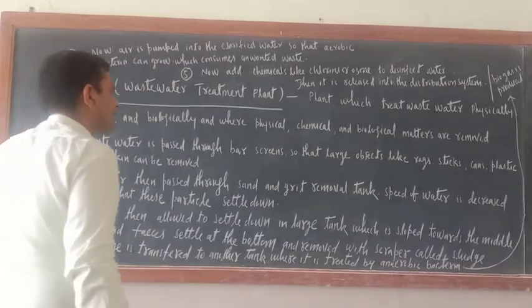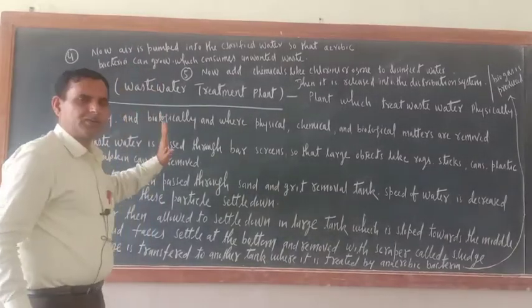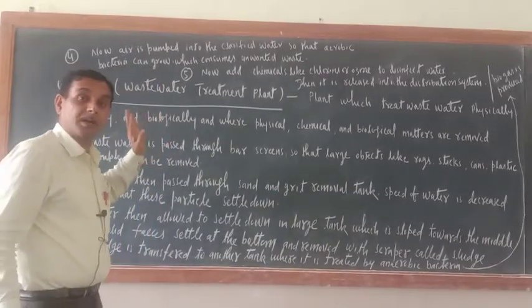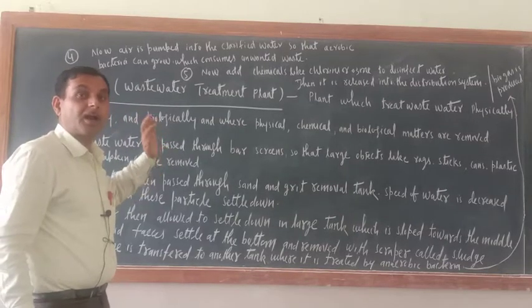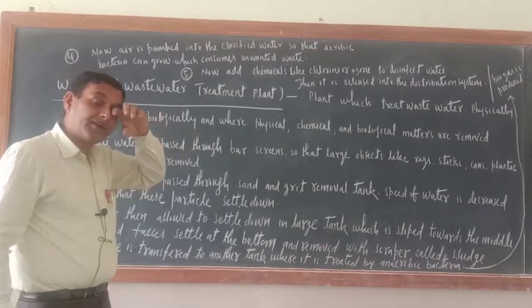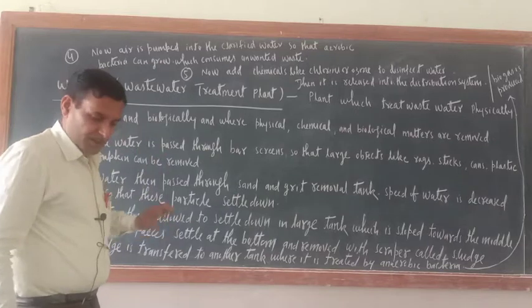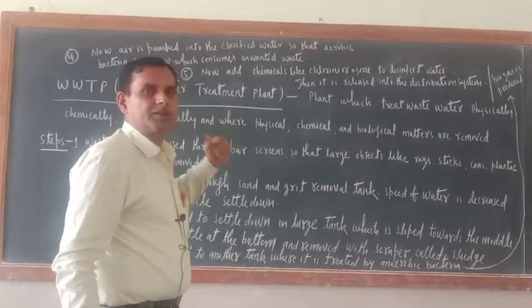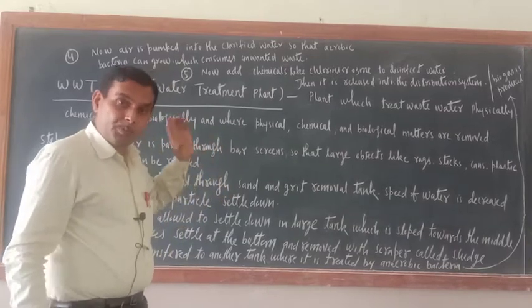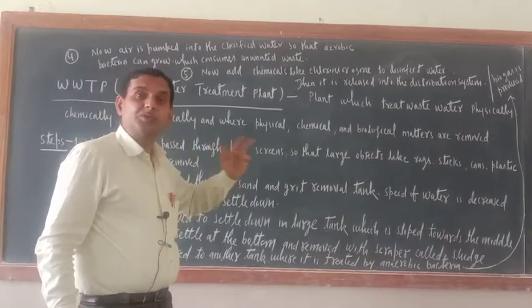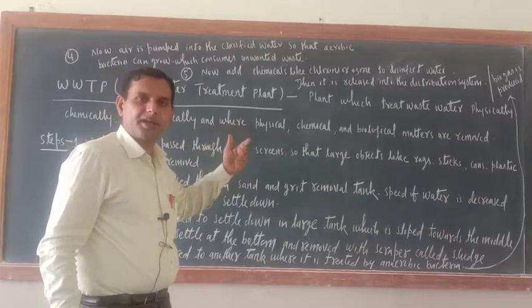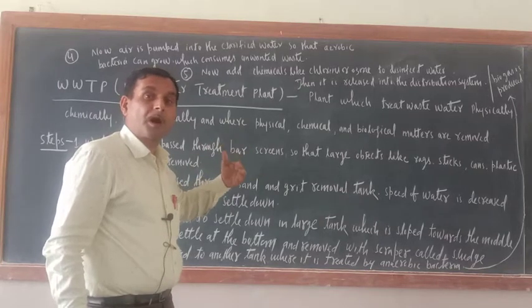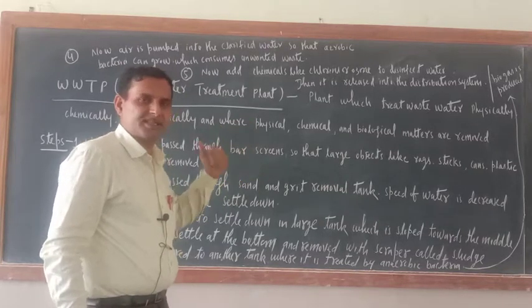Yesterday in chapter number 18, wastewater story, I explained one activity. What was the purpose of that activity? To tell you how many types of pollutants or contaminants are present in the wastewater. The water we get from the distribution system, before it is fit for drinking, has to pass through so many processes.